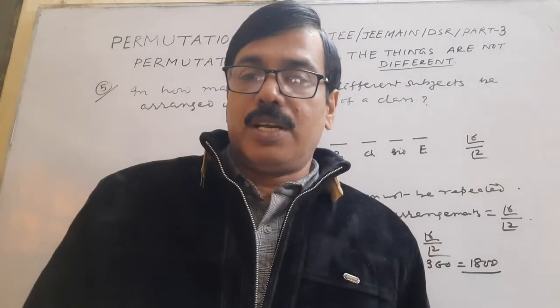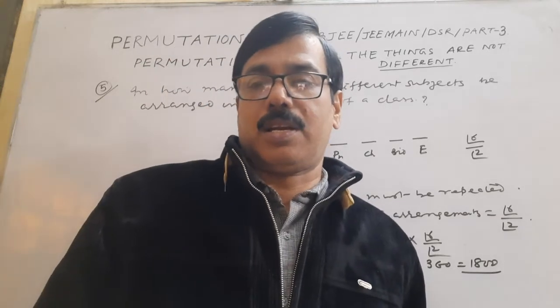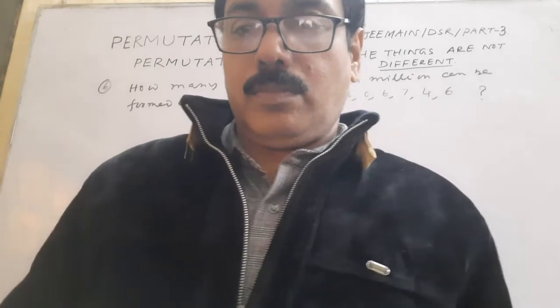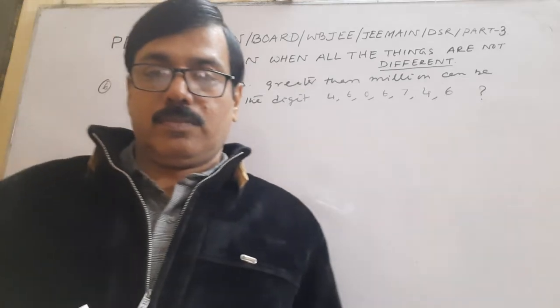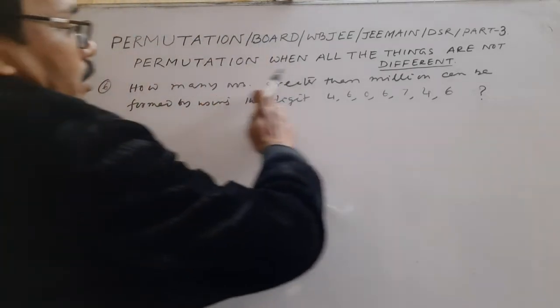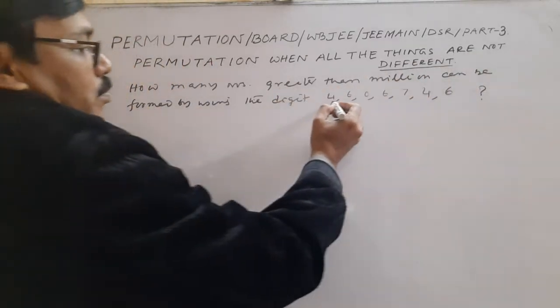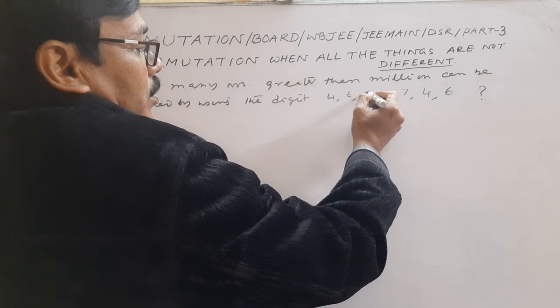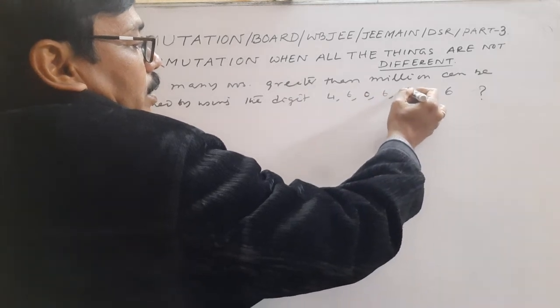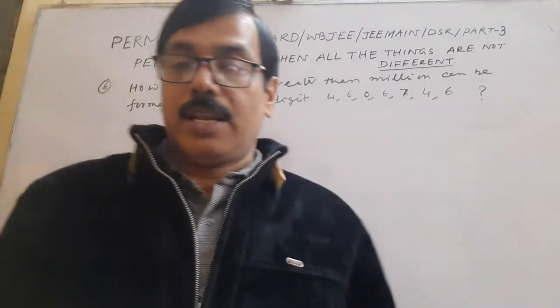Now we consider another type of problem with repeated articles. How many numbers greater than a million can be formed by using the digits 4, 6, 0, 6, 7, 4, 6? Greater than a million.